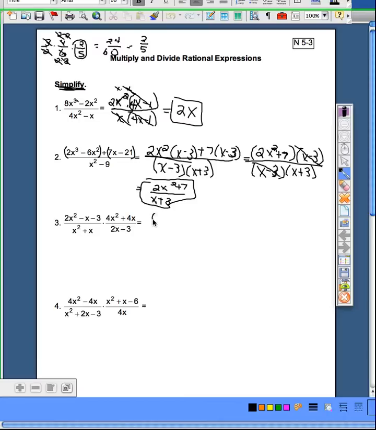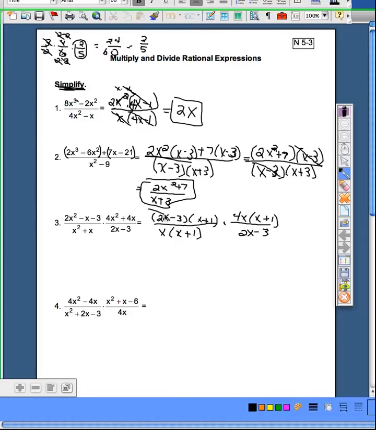You could factor this one by grouping or factor it with a box, but it factors as 2x minus 3 times x plus 1, all of that over, factoring out an x, x times x plus 1, times this next piece, where we factor out a 4x and we're left with x plus 1, over 2x minus 3. That one we can't do anything with.